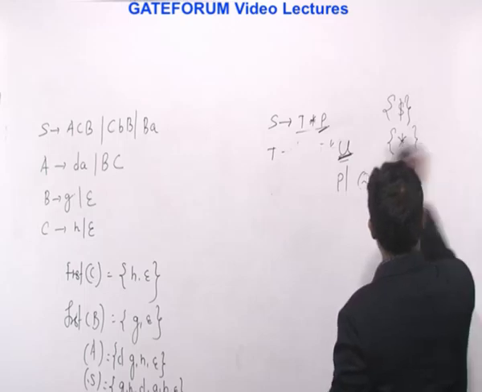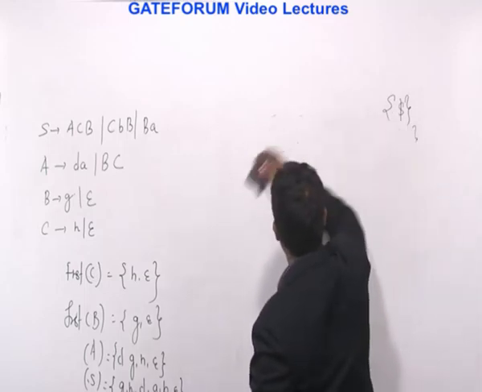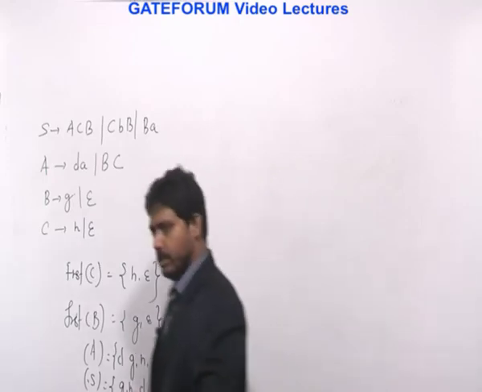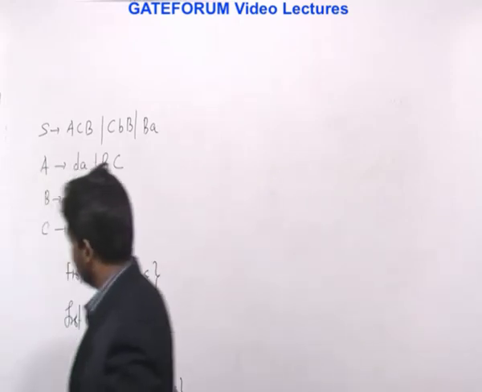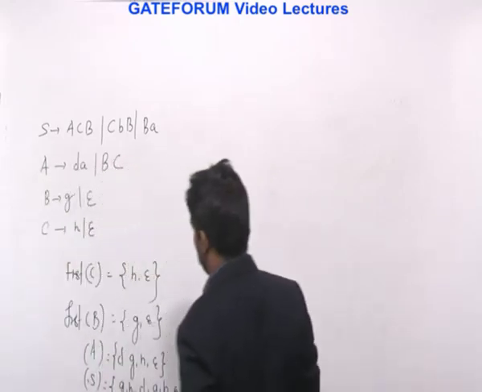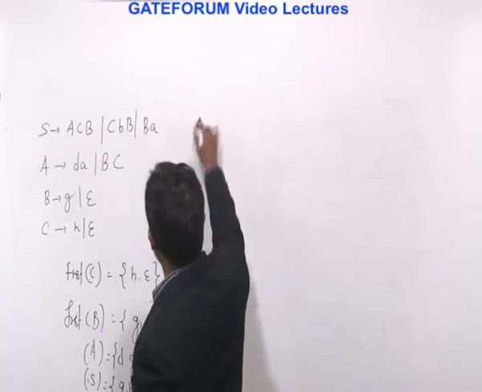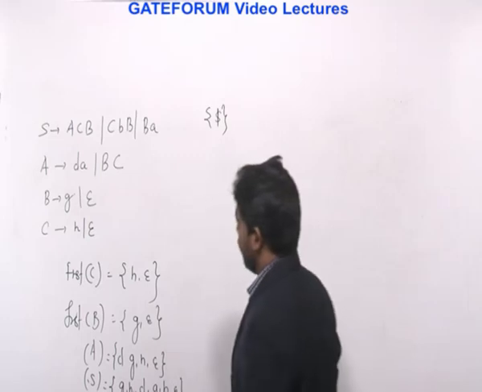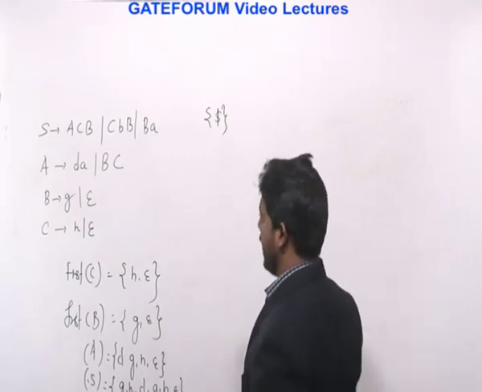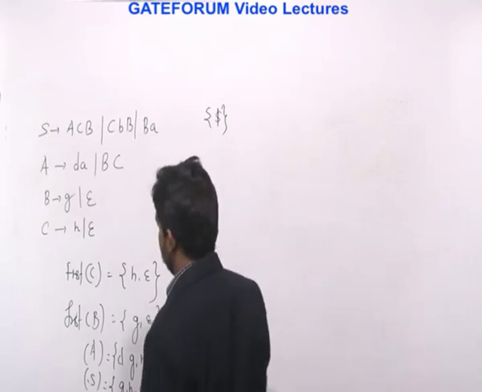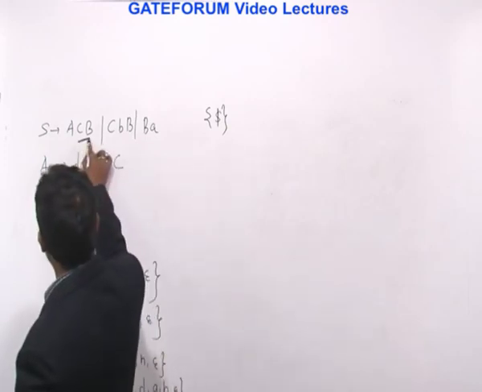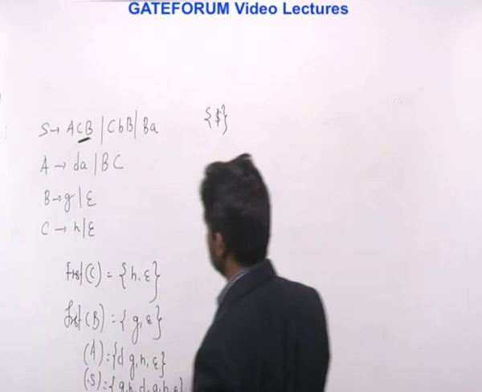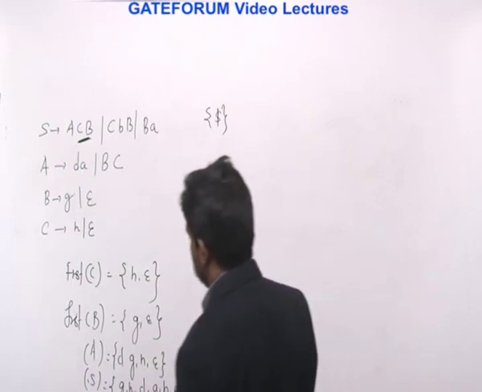Okay, it's not mandatory. You can do it at a particular instance also, but you have to be well organized with your calculation. Okay, so follow of S. What is follow of S? Nowhere S is present, and hence it is equal to $. Now follow of A. The only place A is present is this CB.